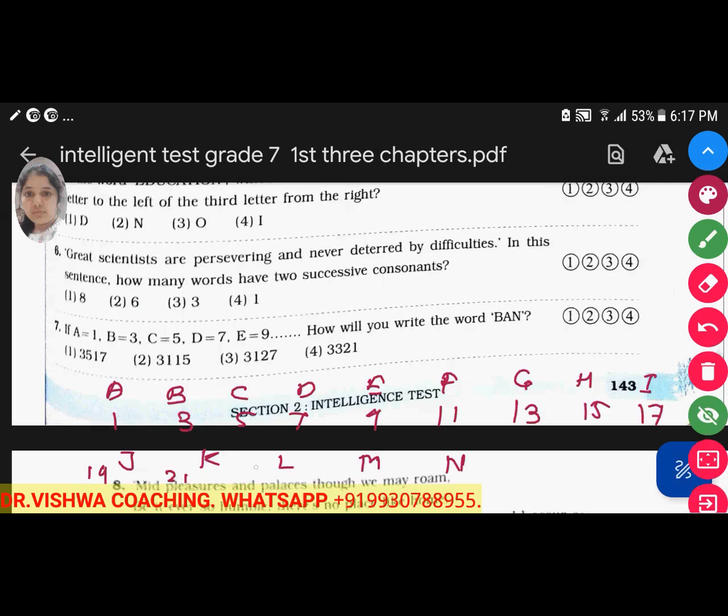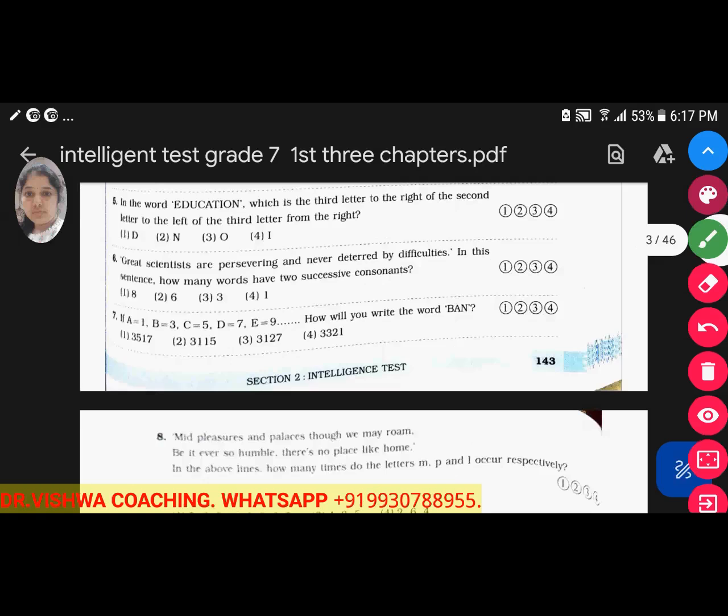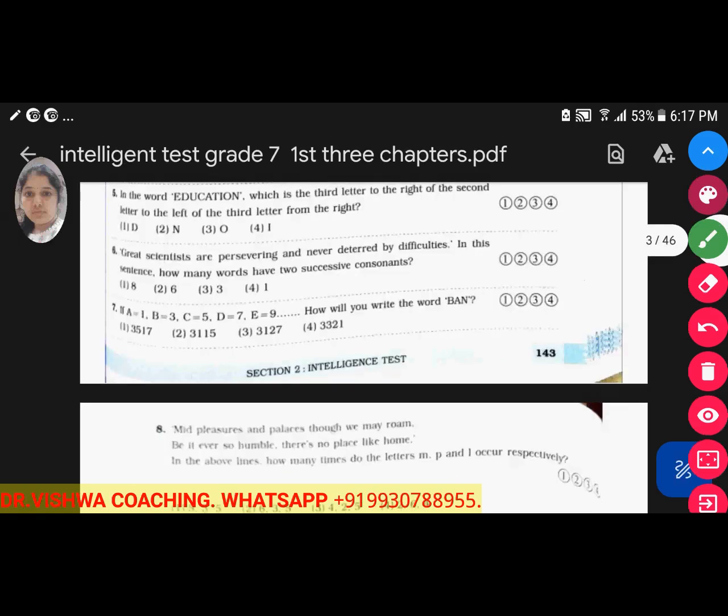Then 19, 21, 23, 25 and N is given as 27. Now for B the number is 3, for A the number is 1. So 3, 1, 27 is the correct option. So like this you have to think. Now the rest of the things you try at home.